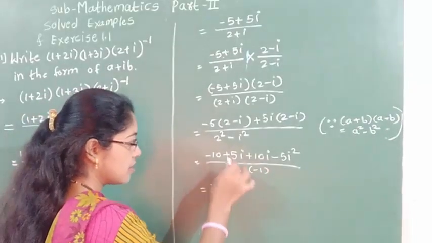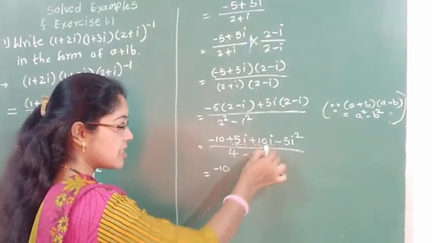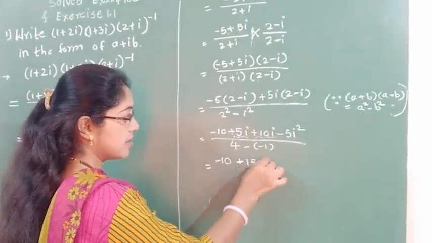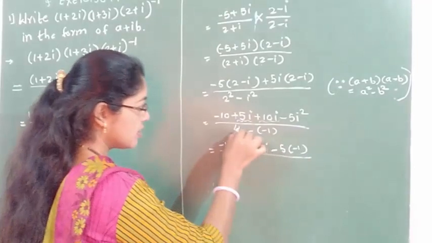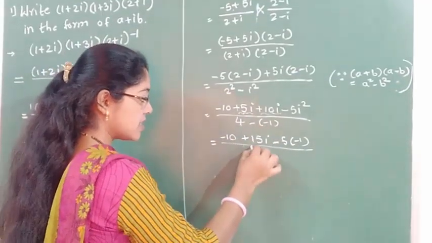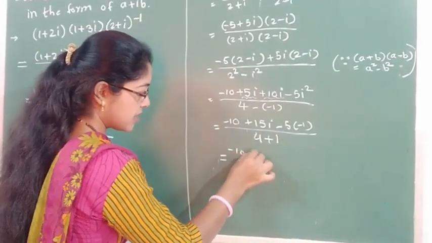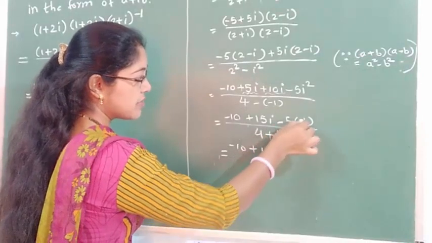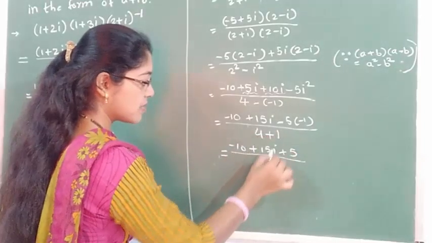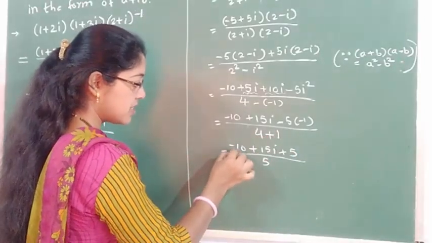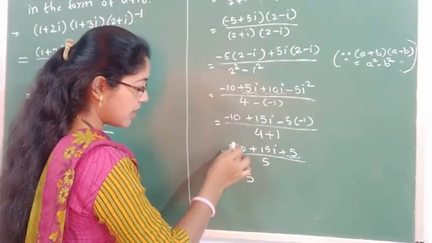So minus 10 plus 5i plus 10i is 15i, and minus 5 into i square, which is minus 1, is plus 5, divided by 4 minus of minus, which is plus 1, so 5. So minus 10 plus 5 is minus 5, plus 15i, divided by 5.